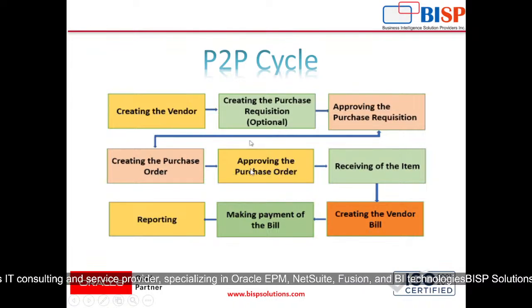Then the receiving of the item will be done after approving the purchase order. Then we will be creating the vendor bill. After that, we will be making a payment of the vendor bill, and then we will be reporting on it.